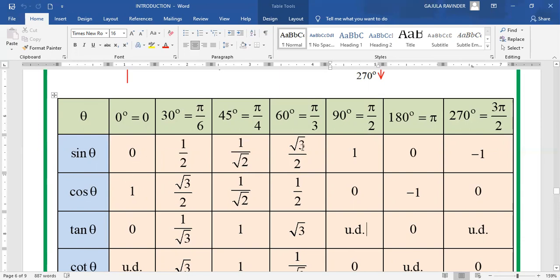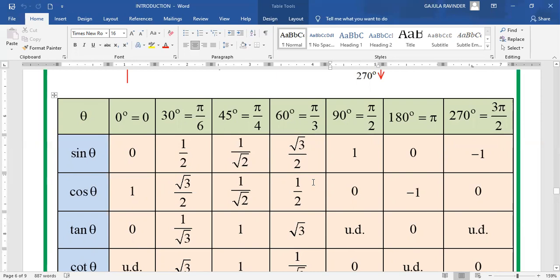Knowing the values of sine, cos, tan for these angles, you will definitely remember the values for secant, cosecant and cot. And of course, in practice you will get all these values, because most of the time we will use the trigonometric ratios of these angles. They will come to memory, but better you memorize them as soon as possible. Okay, friends.